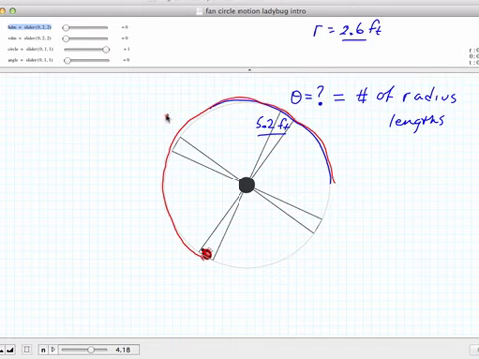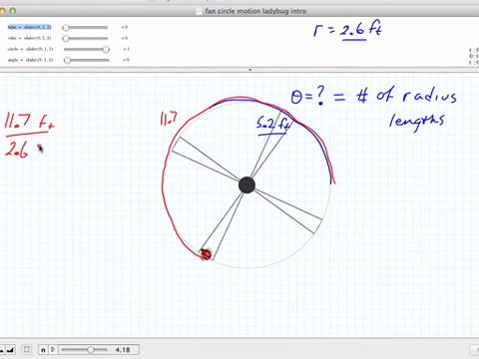Okay, so now 11.7 feet. How would you find out how many radius lengths that is? Yeah, you're going to take that and chop it up into equal lengths of 2.6 feet and see how many of them you have. You're asking how many radius lengths fit into 11.7 feet. And you get 4.5.